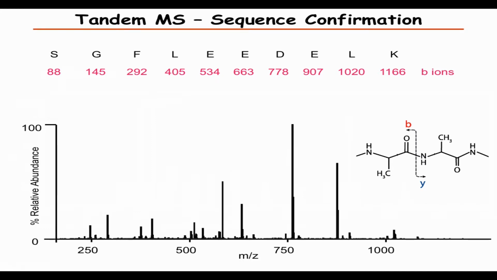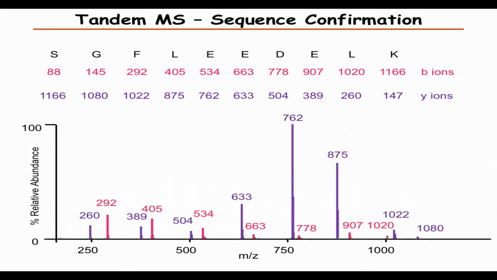So then we can calculate all the masses of the B ions, and we can calculate the masses of the Y ions. And then we can just match and look for these masses. So there, and we see that in this case, this is a very unusual case because we actually can see a lot of the B and Y ions, and we can explain the whole spectrum.